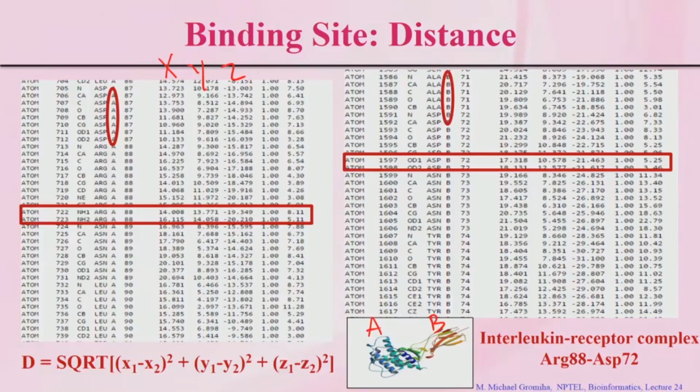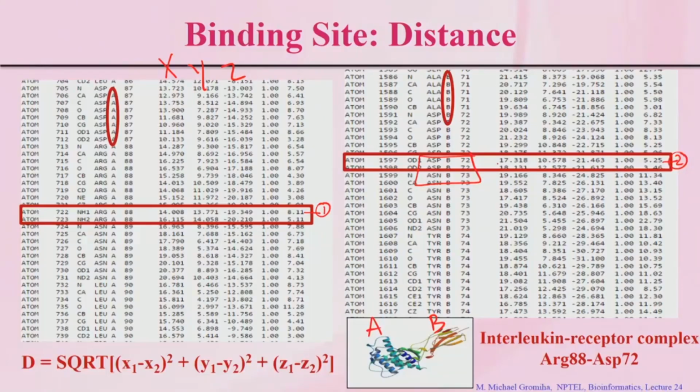For example, if you see this arginine 88 here, this is in chain A, and here this is aspartic acid 72 in chain B. If you get the contacts, you can see this should be within the specific cutoff distance. For example, if we take this NH1 of arginine and the OD1 of aspartic acid, what is the distance, right, take this and this.